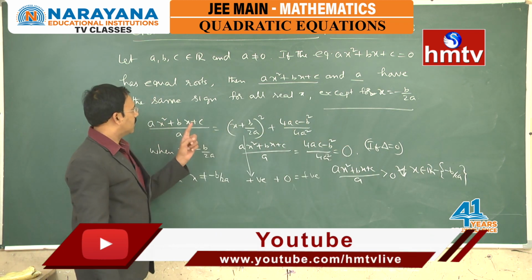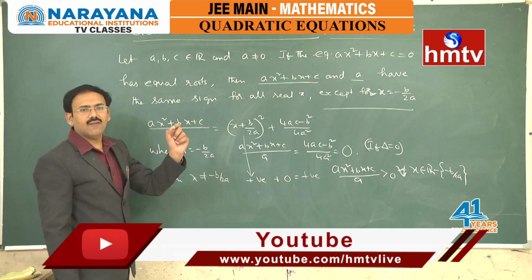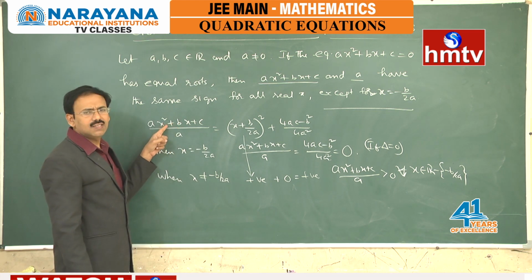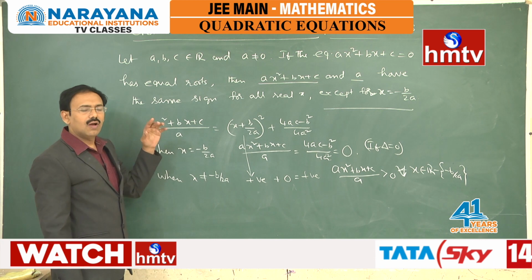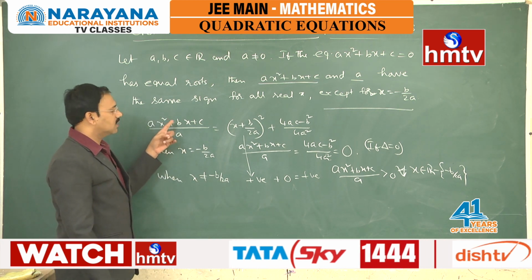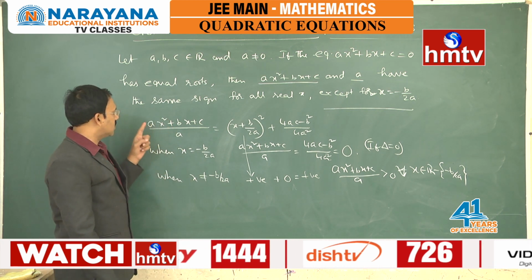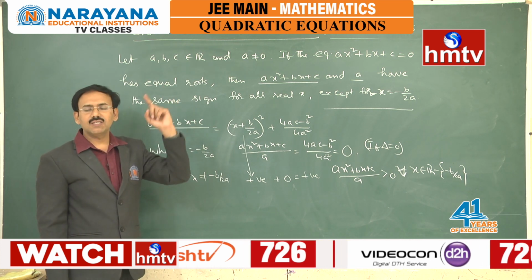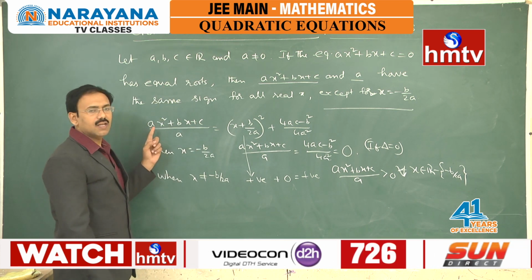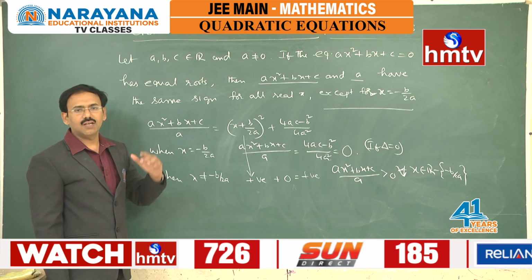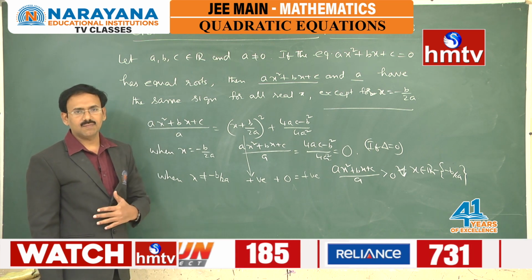That is, when x is minus b by 2a, this expression's value becomes 0. For all the other values, these two will have the same sign. That is, if a is positive, the expression is entirely positive. If a is negative, the expression is always negative. That is the meaning of this statement.